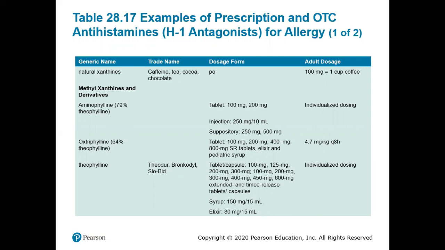Table 28.17 details examples of prescription or over-the-counter antihistamines, H1 agonists, for allergy. And this table is found on page 454 of the textbook.